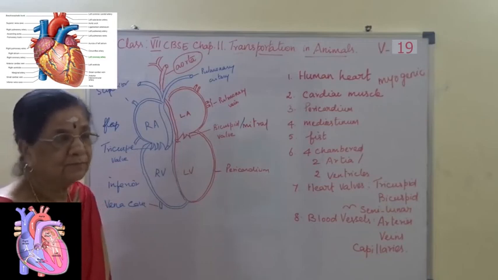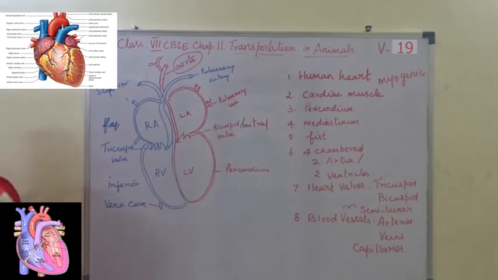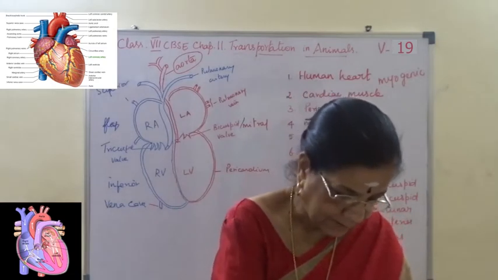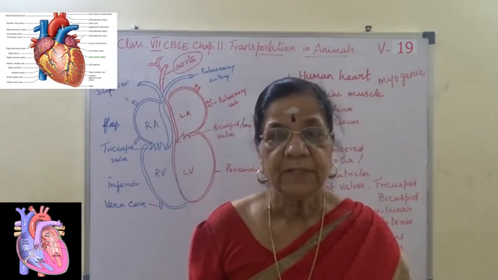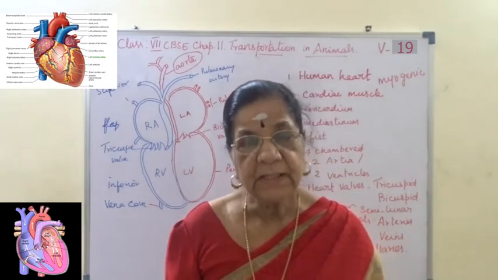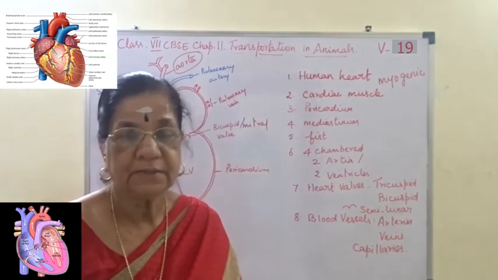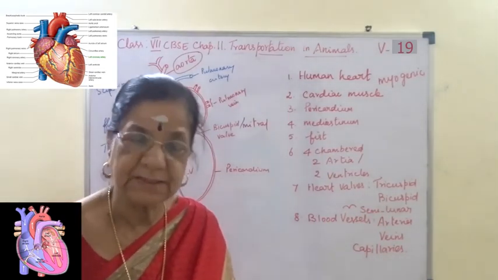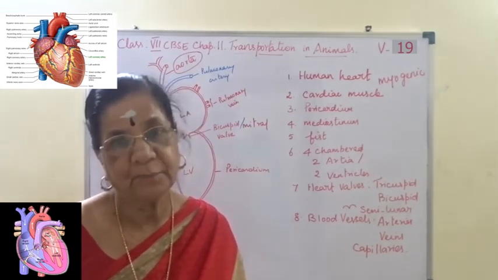I hope you understand. So now the right atrium, it receives blood from various parts of the body through superior vena cava, inferior vena cava, and coronary vein. The heart itself is supplied with the artery and vein. So that coronary vein, from the heart muscles, it collects impure blood or deoxygenated blood.